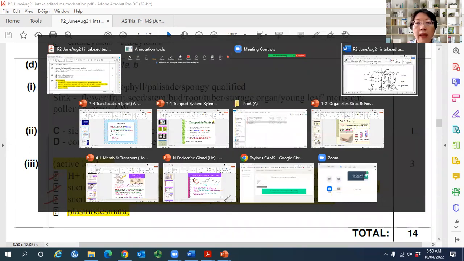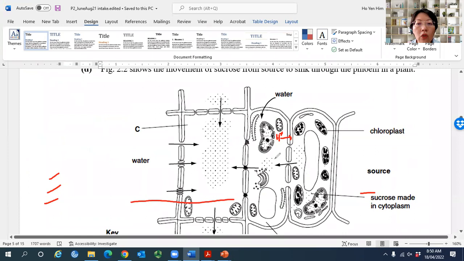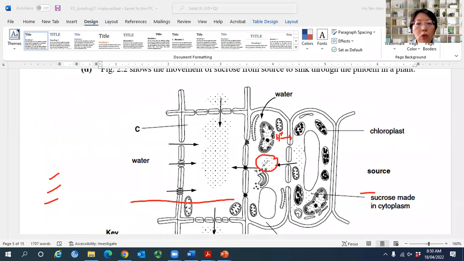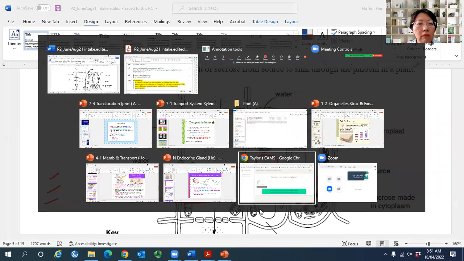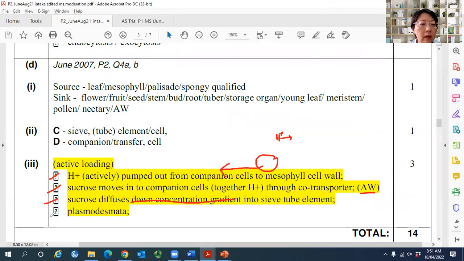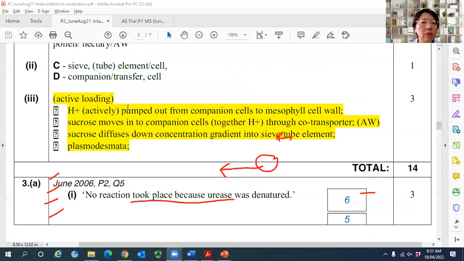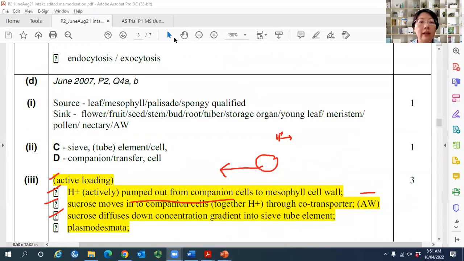That means from the companion cell, sucrose will diffuse into the sieve tube element, down the concentration gradient. Then through plasmodesmata is 1 mark. Okay, through the plasmodesmata. So that's all the answer.